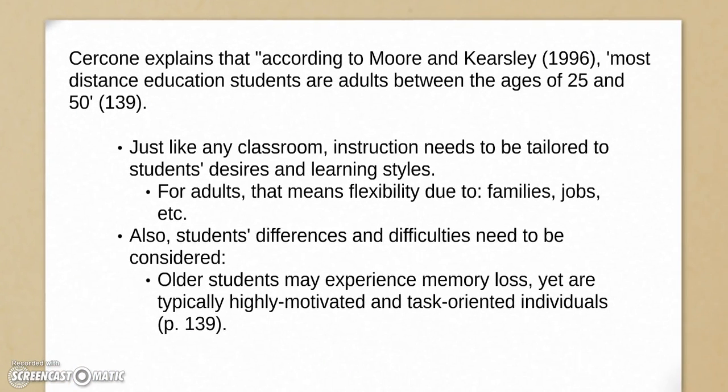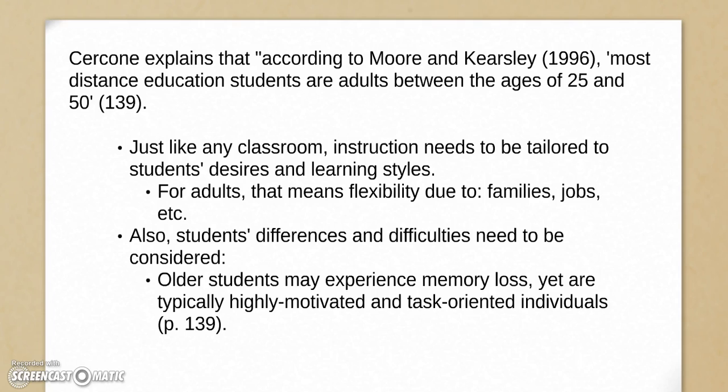So, very early on in this study, the author actually explains that most distance education students are adults between the ages of 25 and 50. This is very significant because just like any classroom, we need to make sure that our instruction is tailored to students' desires and learning styles. For adults, that means they're looking for flexibility. Why?